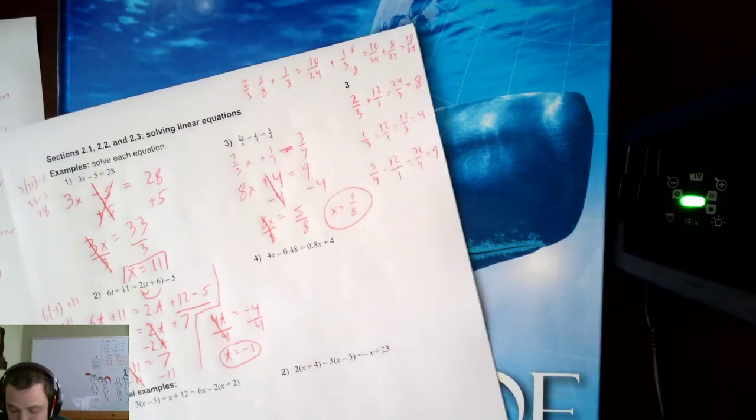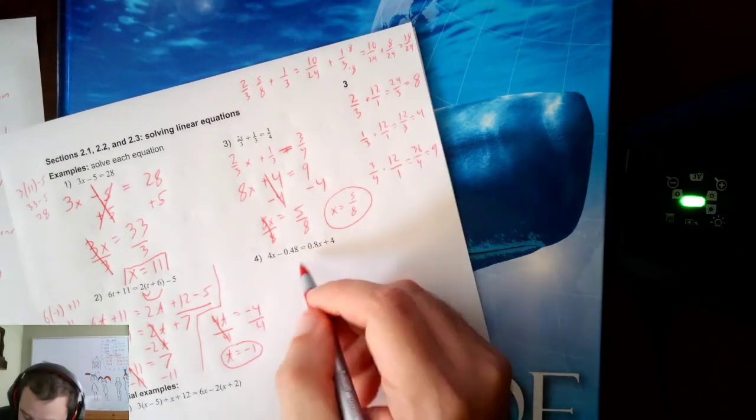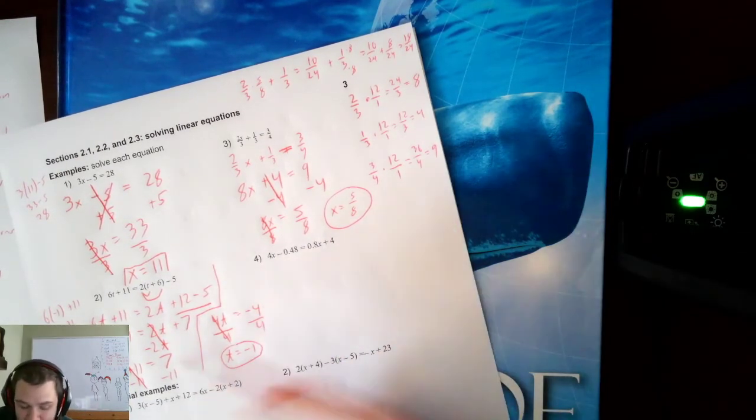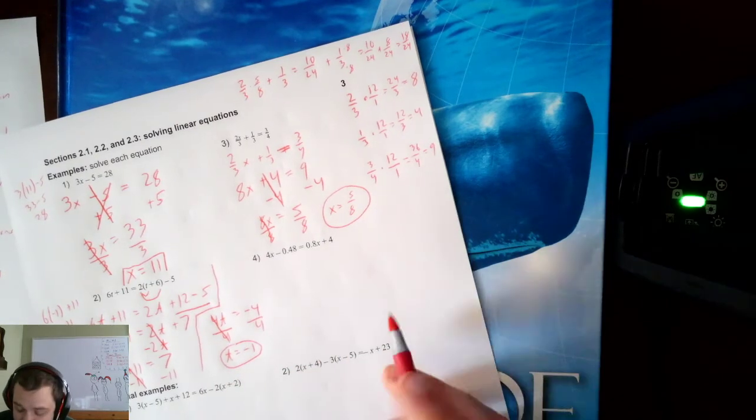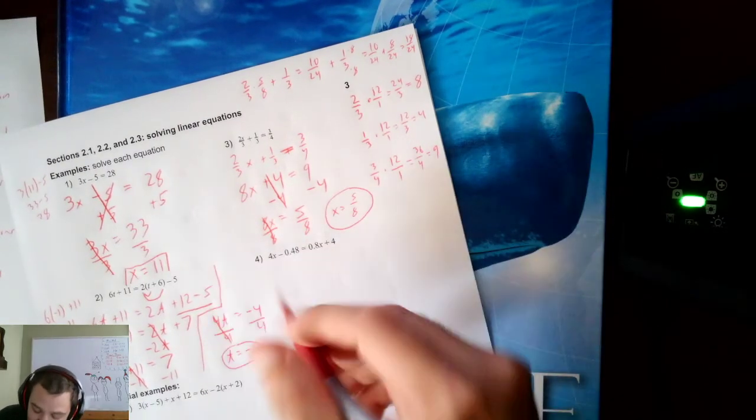Now, in my fourth example, I have decimals, but that's not going to be too much of a problem because I'm still going to do the same thing. I want to get rid of my parentheses and my fractions. I already did that. Now I want to get all my x's on the left.